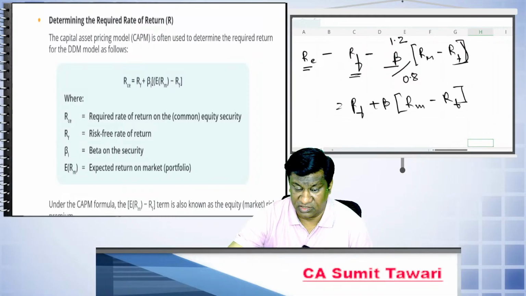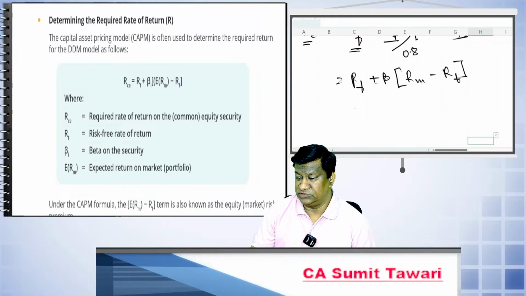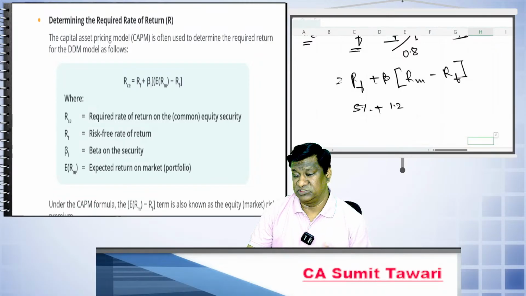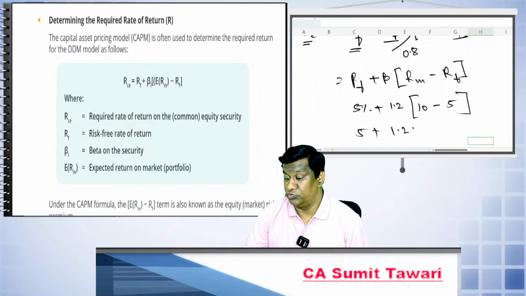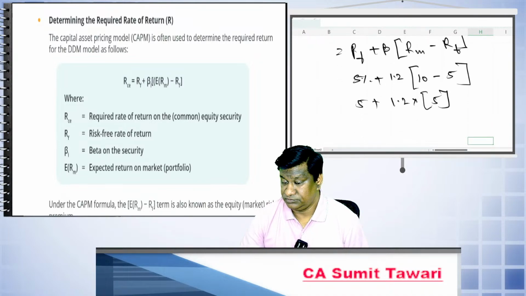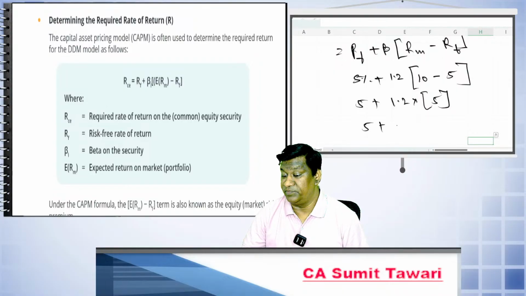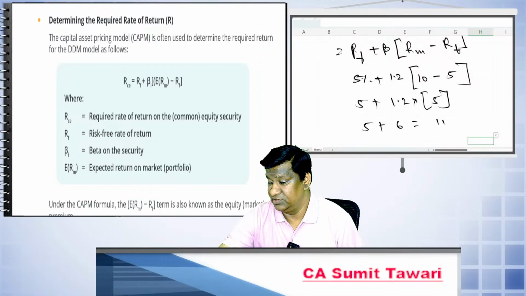Okay, I'll take a number. Say risk-free rate of return is 5%, plus 1.2, because I am an aggressive investor. Market rate of return is 10%, my risk-free rate of return is 5%. So 5% plus 1.2 multiplied by 5. 1.2 multiplied by 5 is 6, so 5 plus 6 is 11%.